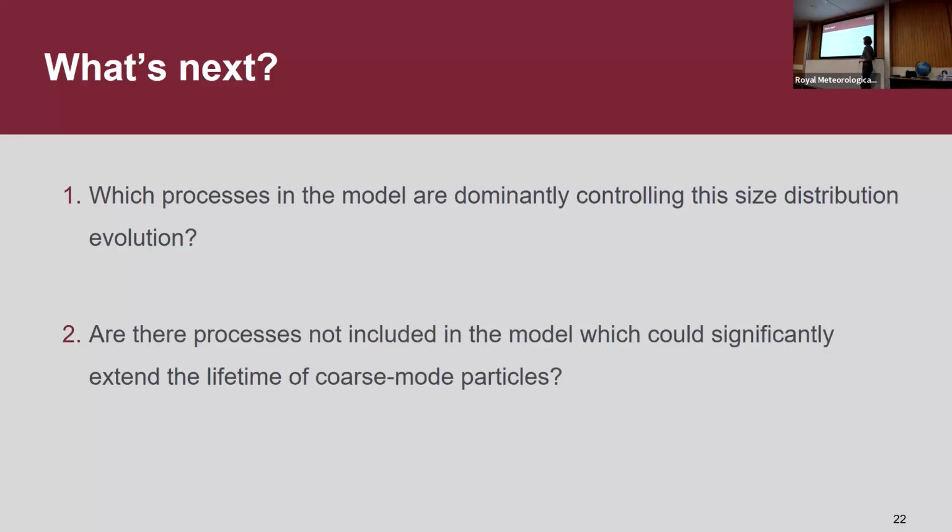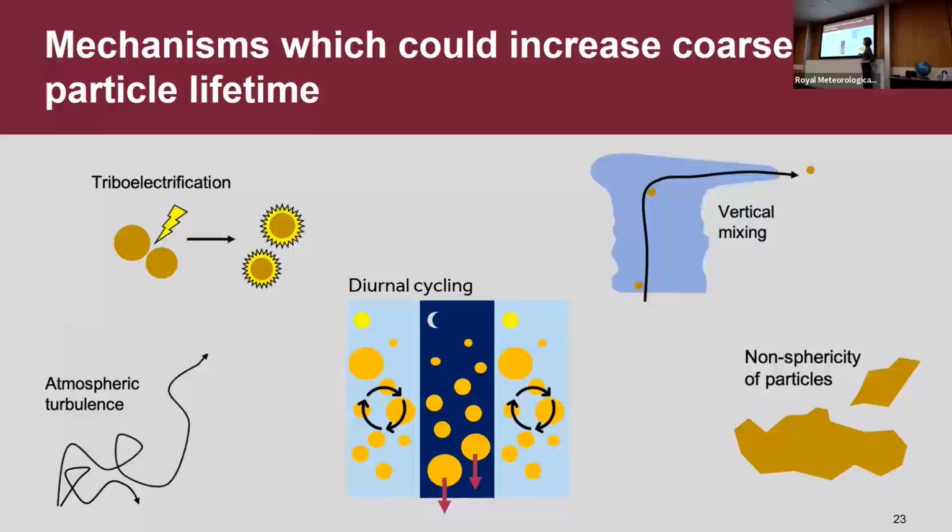And then, are there processes which are not included in the model? There's been a lot of speculation about different mechanisms which could be increasing the lifetime of the coarse particles in the atmosphere.